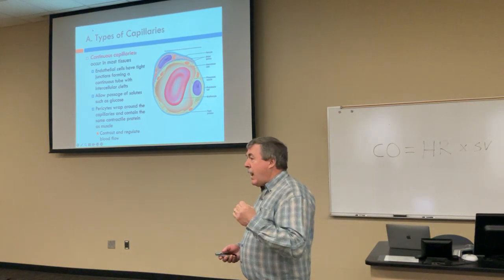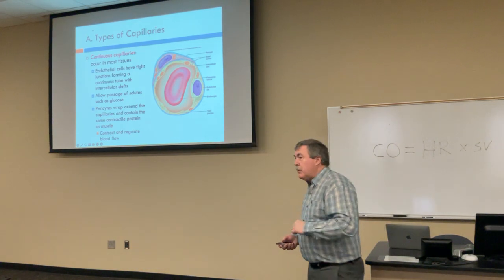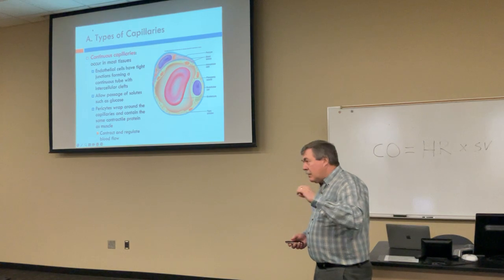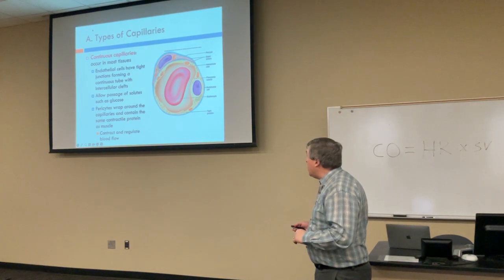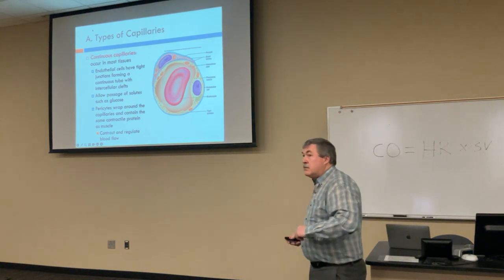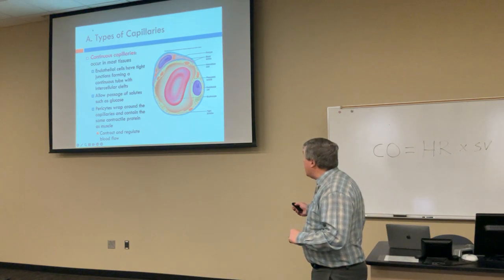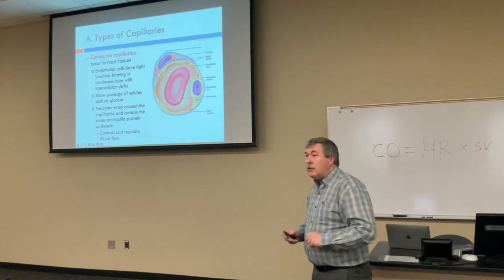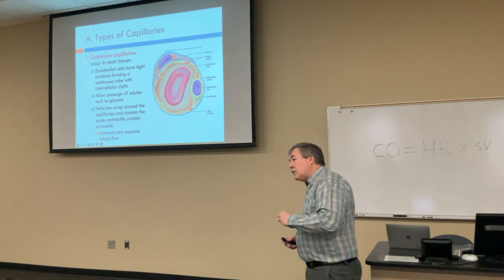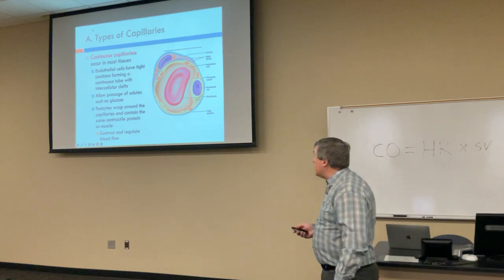They can contract and thereby control the flow of blood through the capillaries. They can actually cut off the flow of blood through a capillary. So they regulate blood flow. This large pink thing in the middle, that's a red blood cell, an erythrocyte. Notice how it's not perfectly round in outline. That's because they have to be squeezed through the capillaries, because the capillaries have such a small diameter.